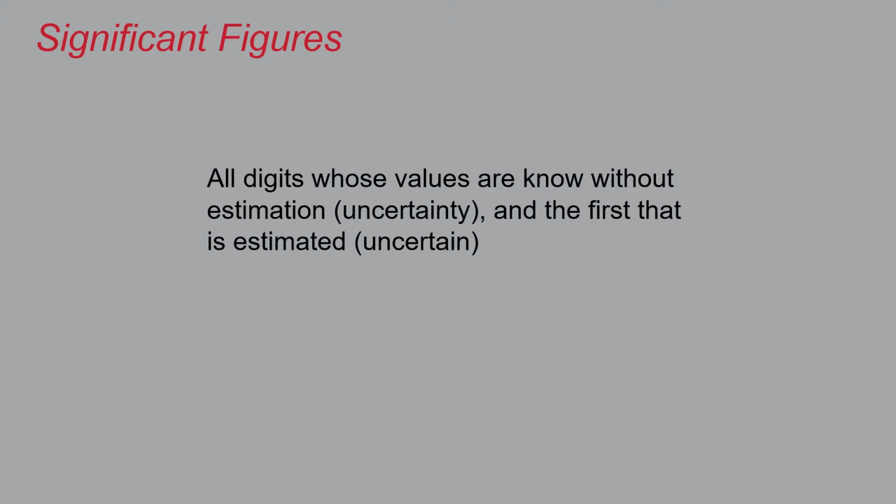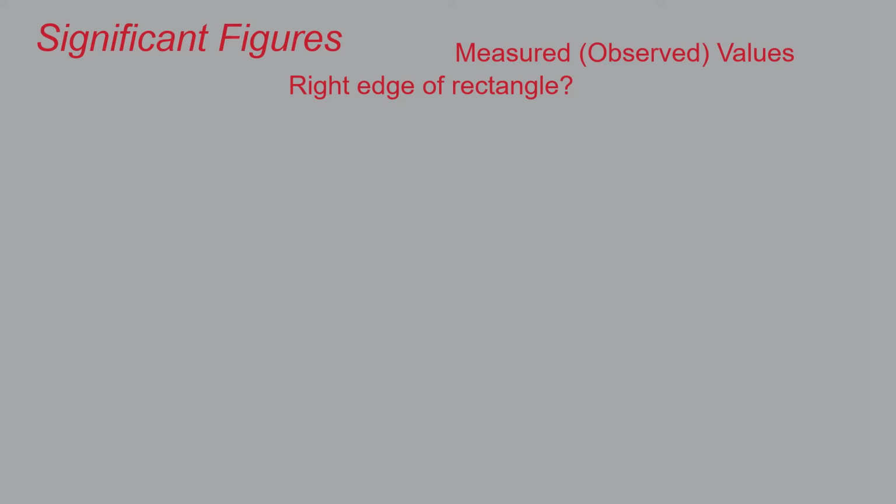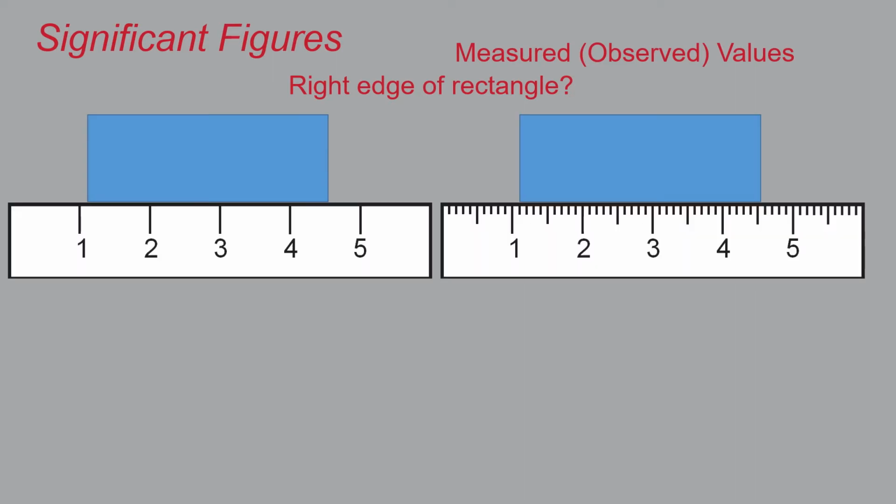Let's go to a picture that gives you an example. So now we're going to talk about measured or observed values, because as we talked about earlier, chemistry is an observational science.